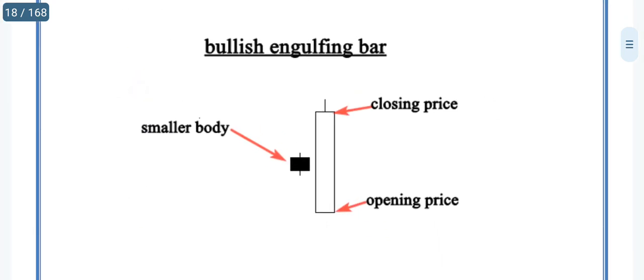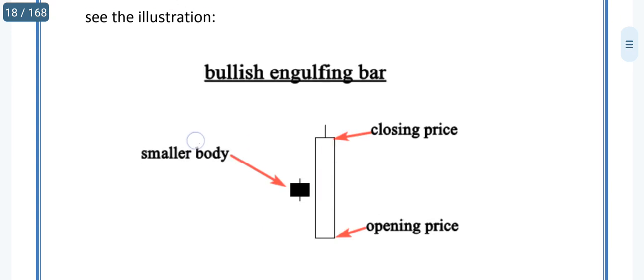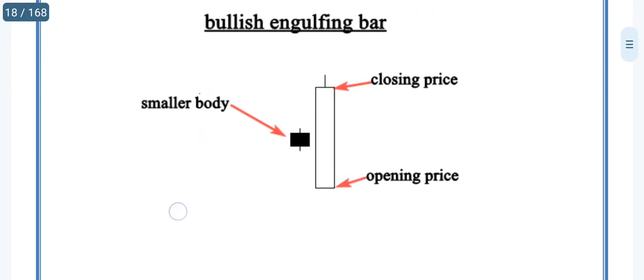And this is how it looks. It consists of a smaller body, the closing price, and the opening price.